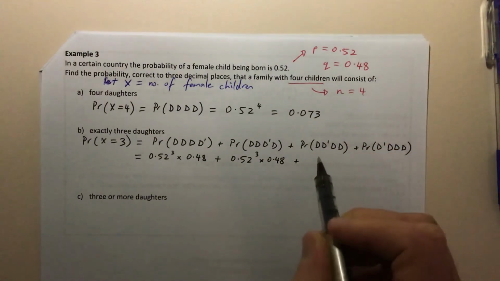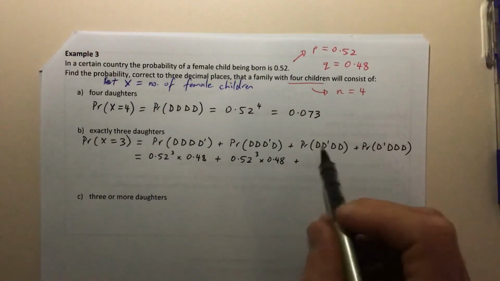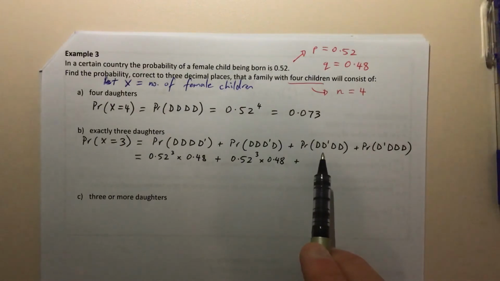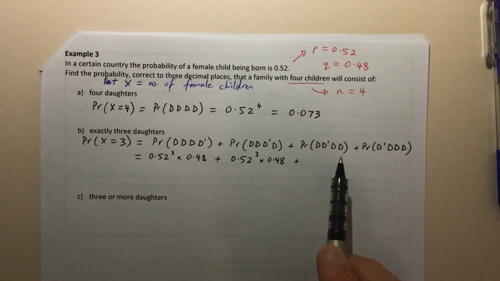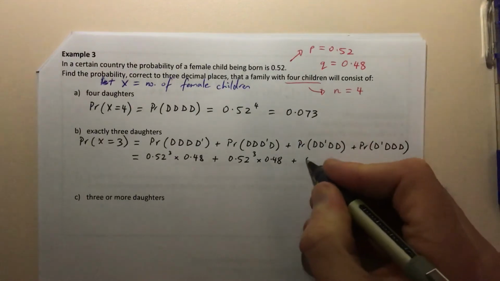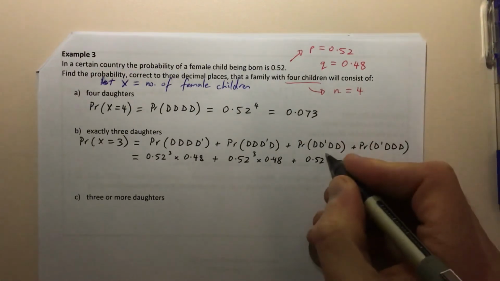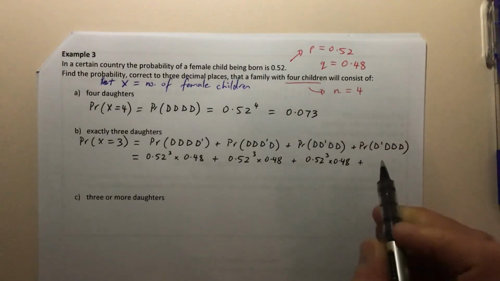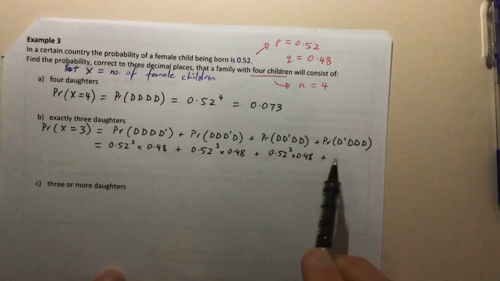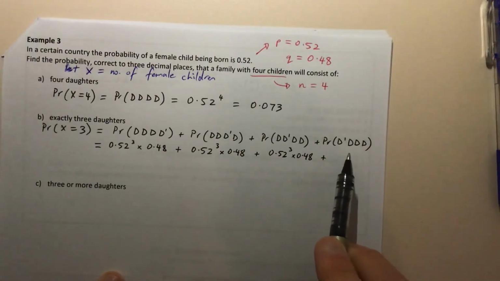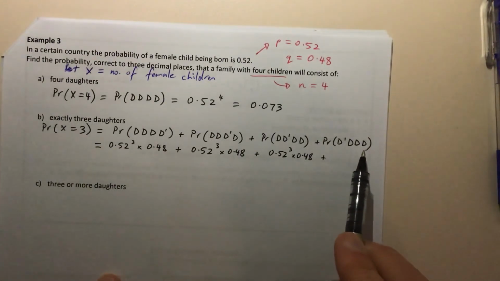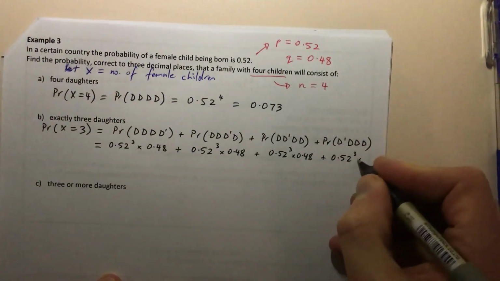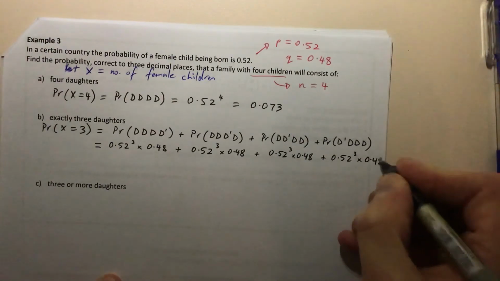With the third calculation, again, it's the same combination of numbers, just multiplied in a different order. It would be 0.52 times 0.48 times 0.52 times 0.52. So again, it's going to be 0.52 cubed times 0.48. And lucky last, it's going to be 0.48 times 0.52 times 0.52 times 0.52. So again, we're getting the same multiplication in a different order, but that's not going to change our values.